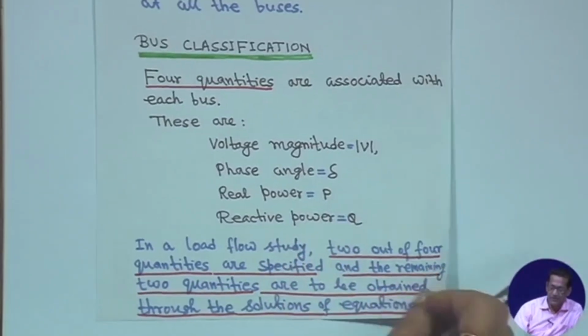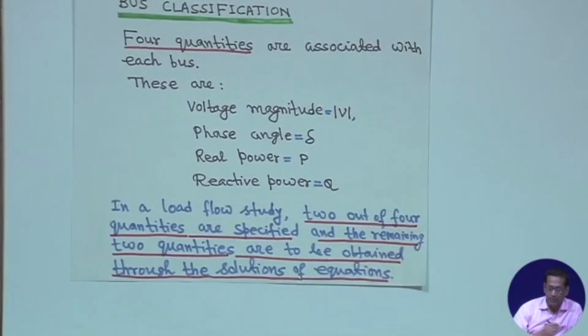Therefore, in load flow studies at least 2 out of 4 quantities are specified, and the remaining 2 quantities are to be obtained through the solution of equations, right. These are the common things, but we have a slack bus, we will come to that, you have a PQ bus, you have a PV bus, right.